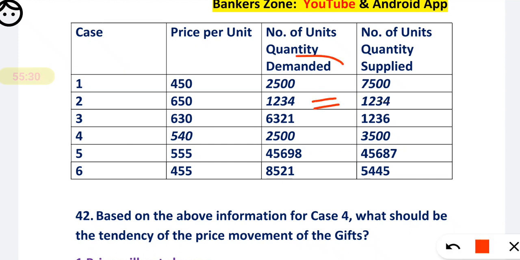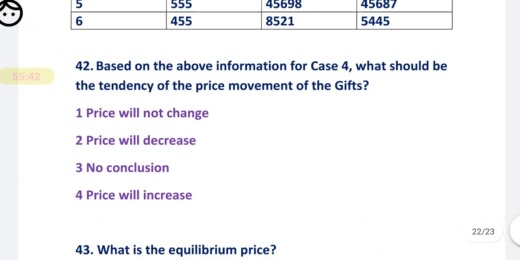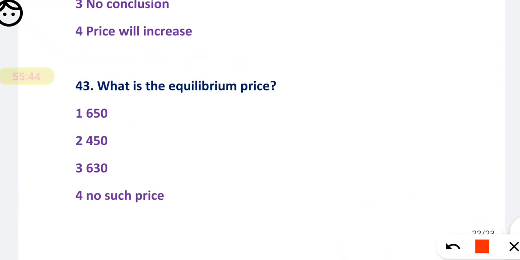The demand quantity and supply quantity are equal. And what is the price for that? 650 rupees per unit. So 650 will be your equilibrium price. Okay, so the correct option is the first, 650.